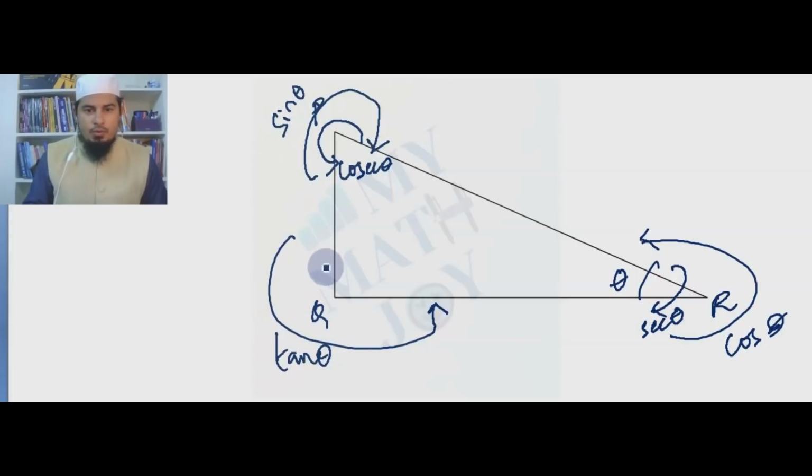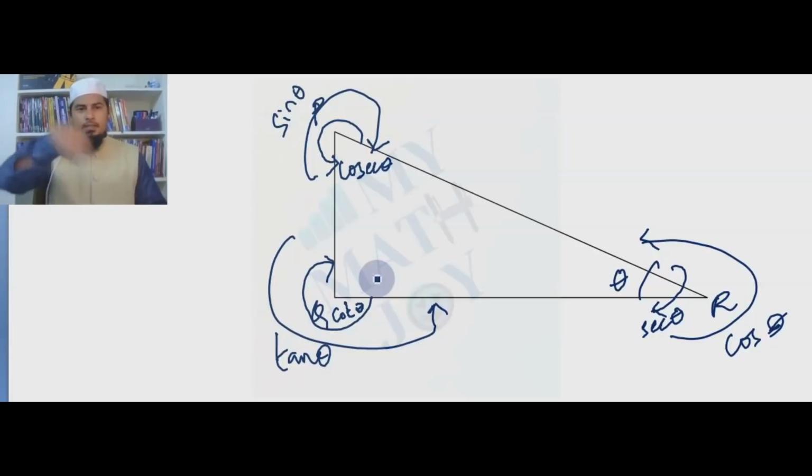If you change the orientation, so adjacent by opposite, exactly like this, then it will be cot theta. Please practice orientation, draw the diagrams, and remember it should be like this.